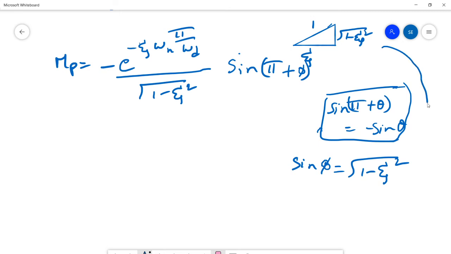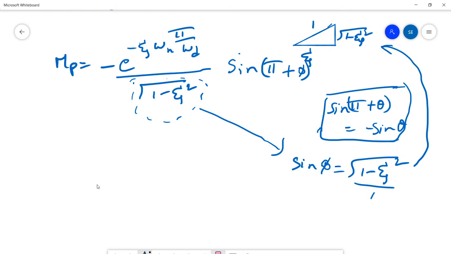From right angle triangle, sin phi is root of 1 minus zeta square. So sin phi and minus sin phi, this and this will get cancelled out and the minus term will be there, since it is minus sin phi.